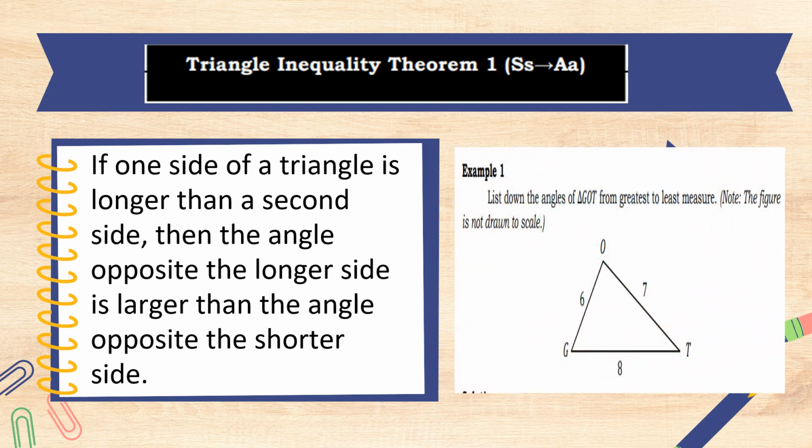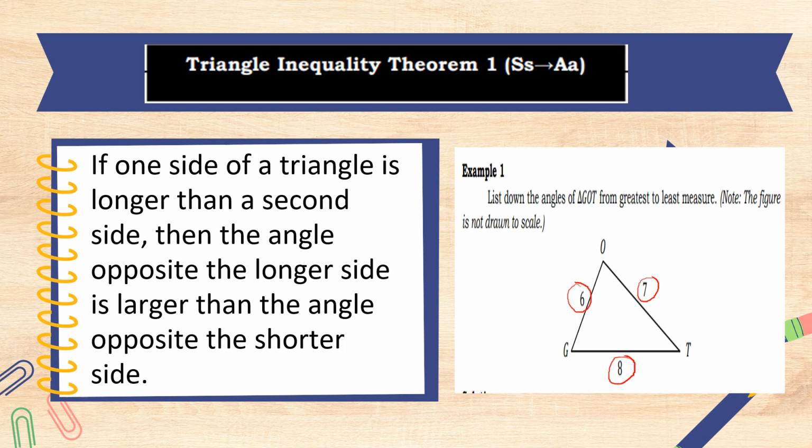In example number 1, we have to list down the angles of triangle GOT from greatest to least measure. So in the given figure, we have GO equals 6, OT equals 7, and GT equals 8.